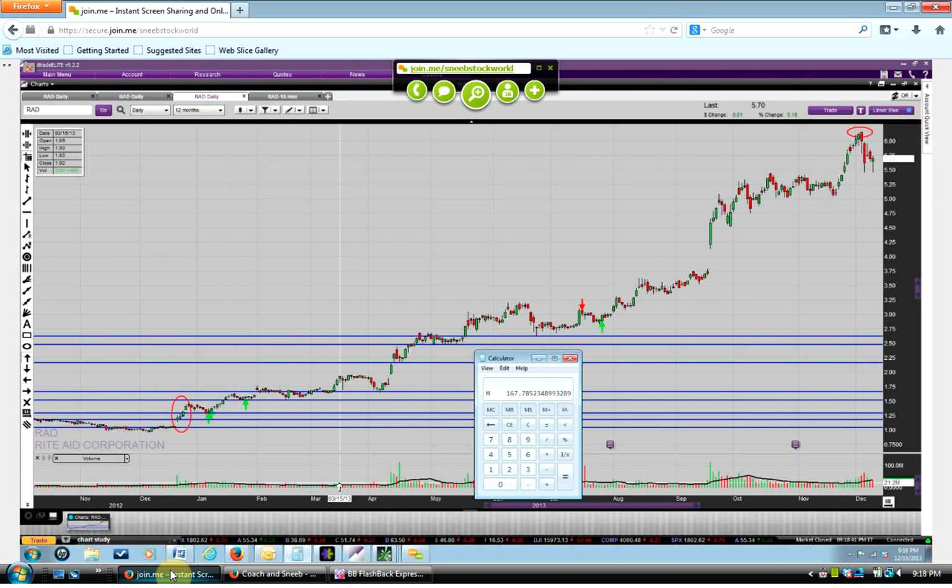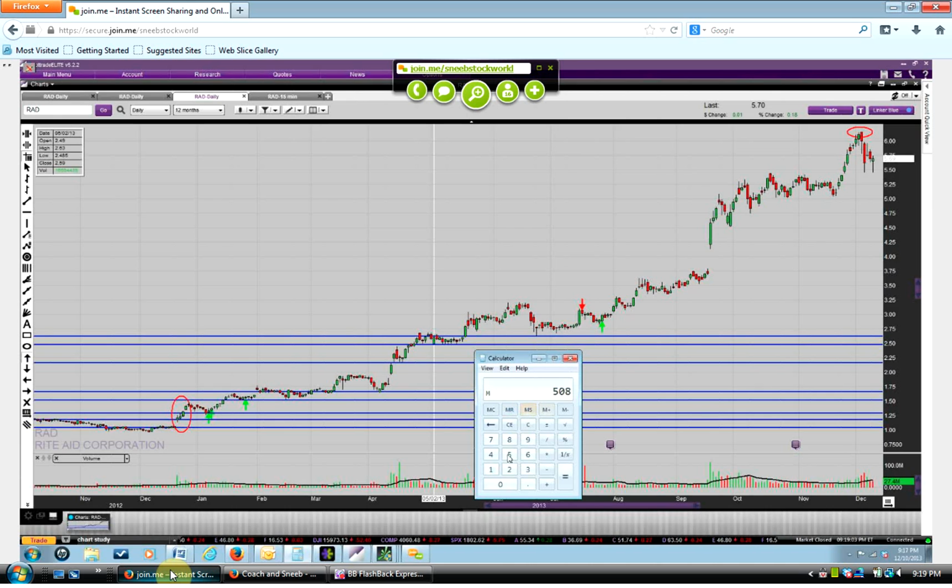So at this point in time, I have 341 shares at $1.46, and I have 167 shares at $2.98. So I take 341 plus 167 equals 508 shares.